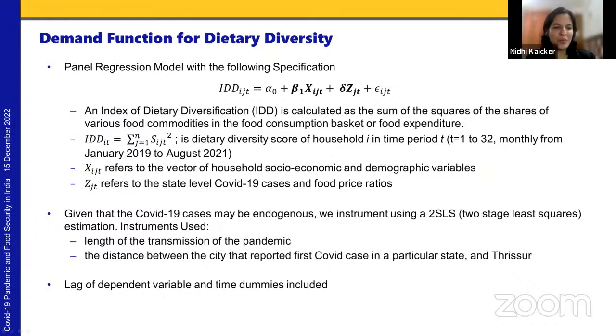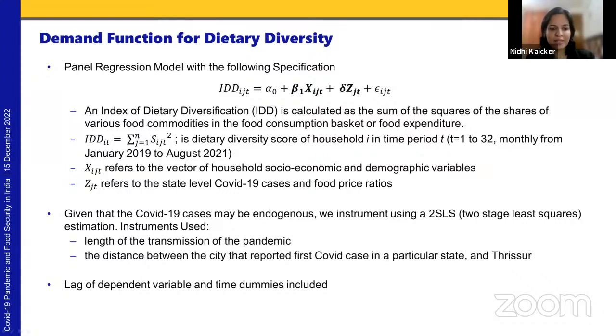A commonly used measure of household dietary diversity is counting the number of foods or food groups that is consumed by a household. Though a very useful approach, this does not allow for the relative importance of different food items or groups in total food expenditure. So hence we follow another approach which relies on shares of different food groups in the food expenditure basket.